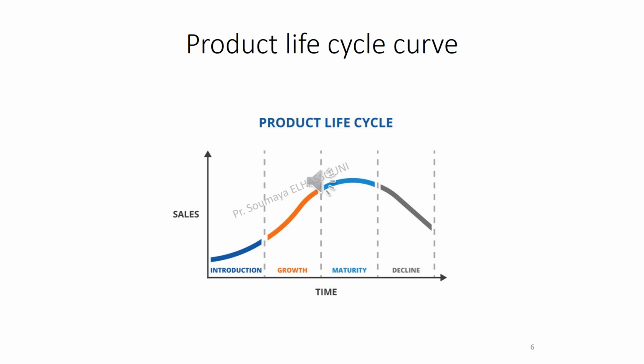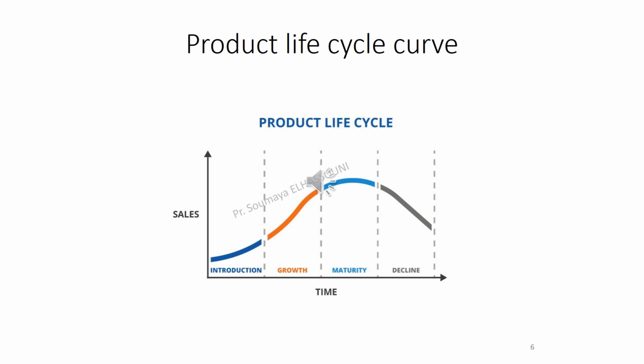Most of the time in this stage, the company has reached its maximum market share. So what the company needs to do is to innovate, to differentiate. They have to do something. They can innovate in the design of the product, in the packaging, and in some features of the product in order to maintain their position.